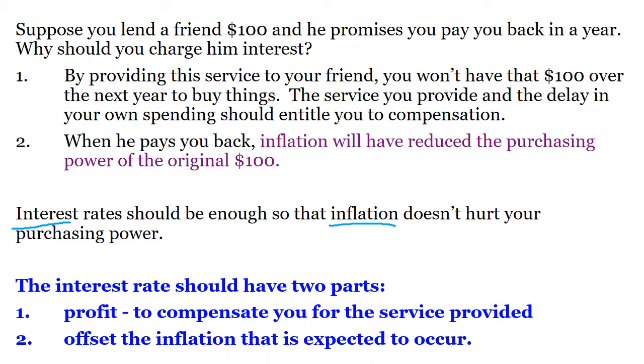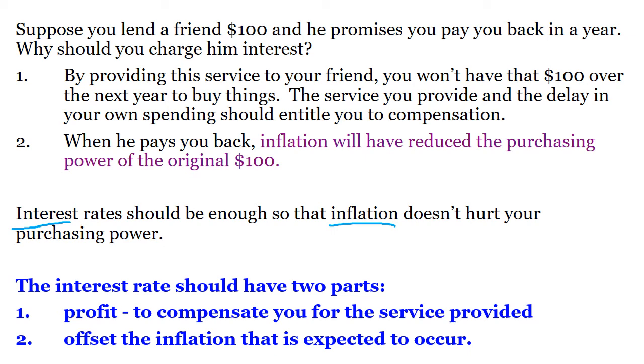So here's what goes into the notes. Interest rate should have two parts. The first part is profit, that is paying the person, the lender, for the service that they provided. Banks are businesses, and they need to be paid for the service of lending money, or else how could they keep the lights on, pay their bills, pay their employees, etc. Also, you have to offset inflation.